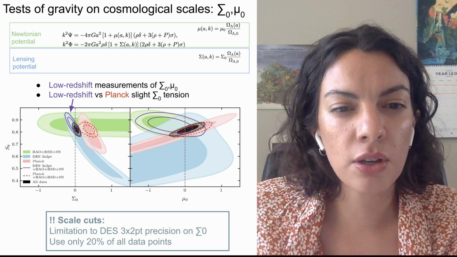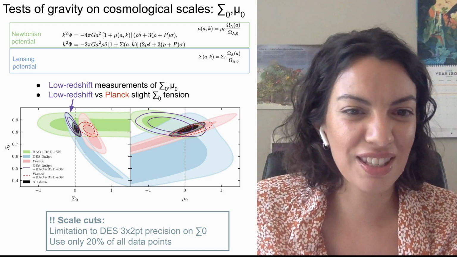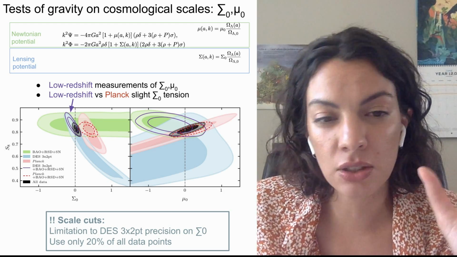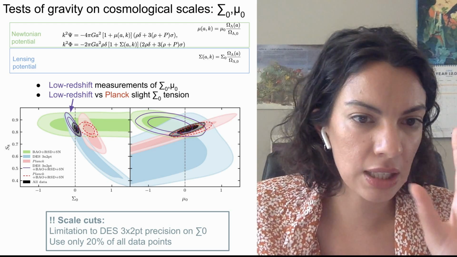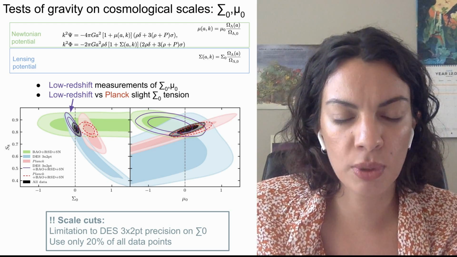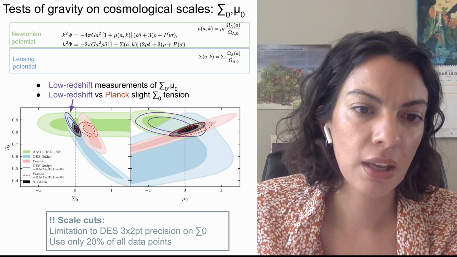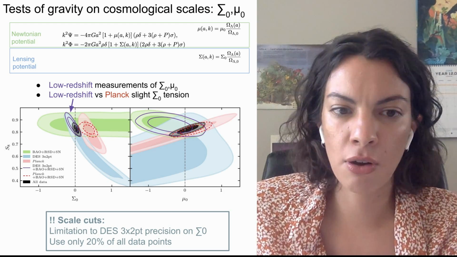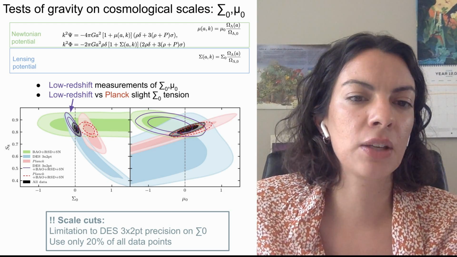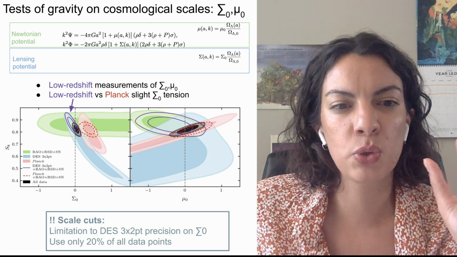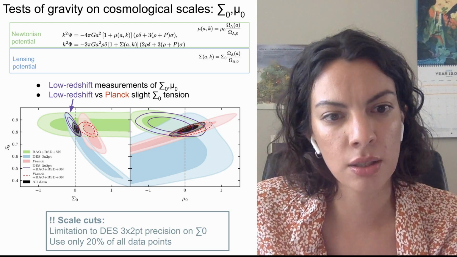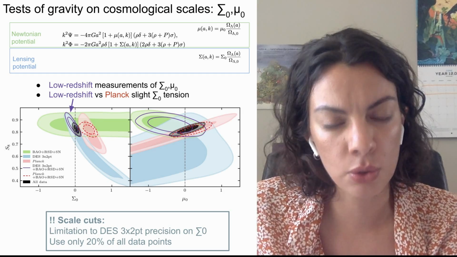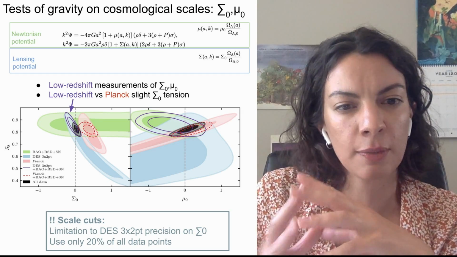Another interesting thing that we see is that there seems to be a tension between Planck in red and this low redshift measurement in purple. This tension, again, like for omega k, is still below 3 sigma, so we are able to combine all of that to get the black contours, combining all of the data.